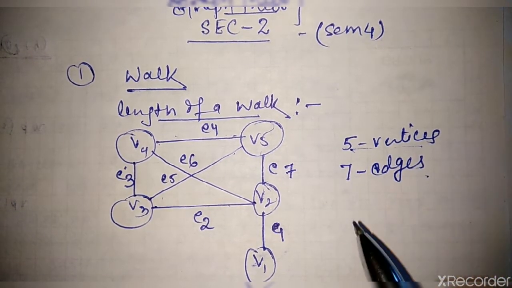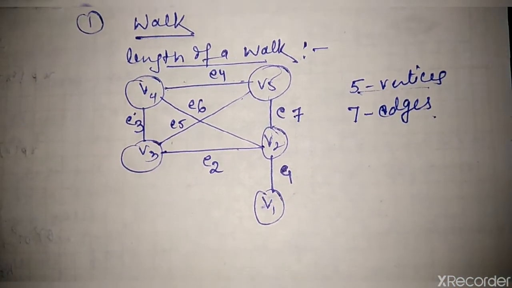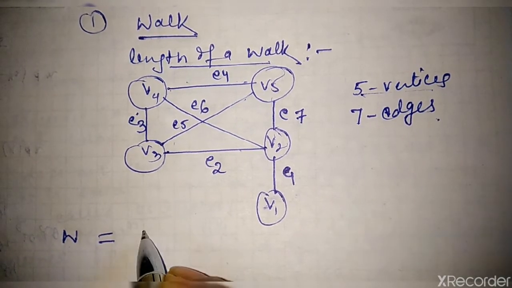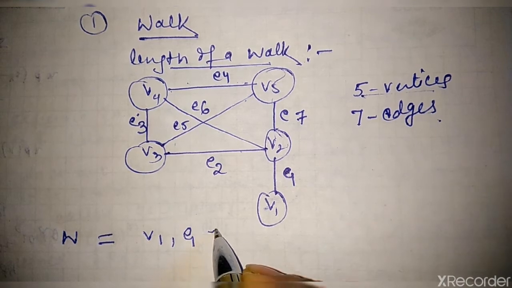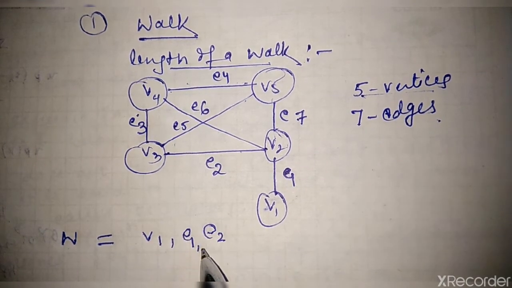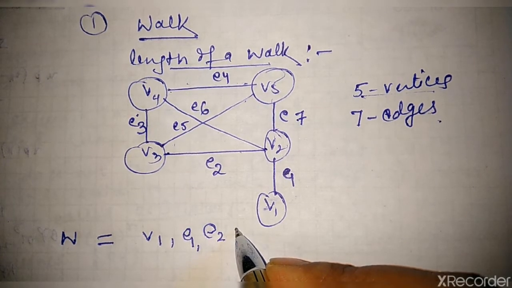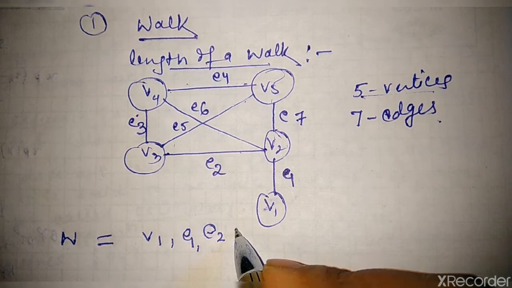So in this figure, if we want to define the walk, how can we write it? A walk W is equal to V1, E1, and then where do we go? E2. Anyway, we just have to define a walk.